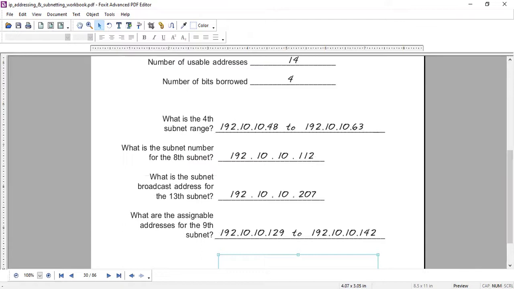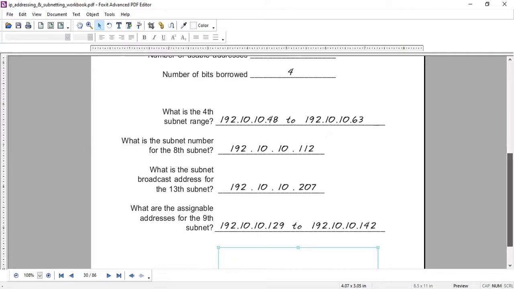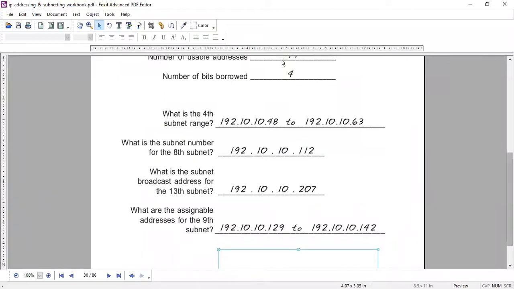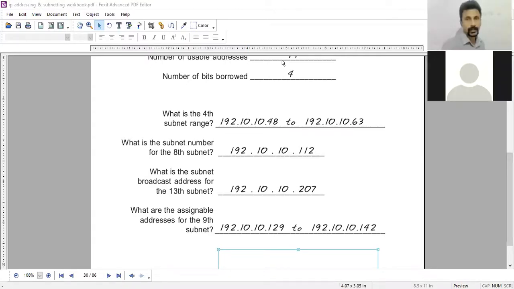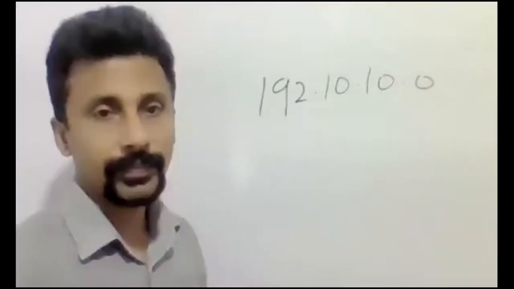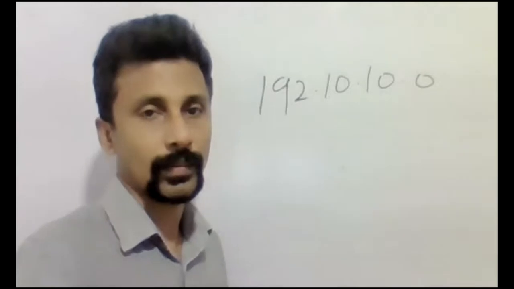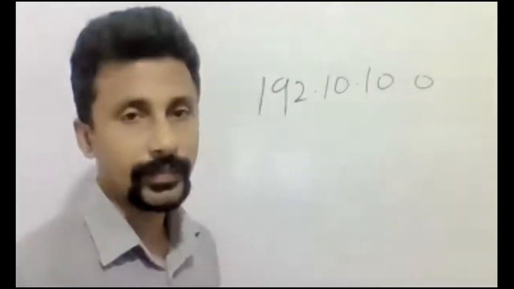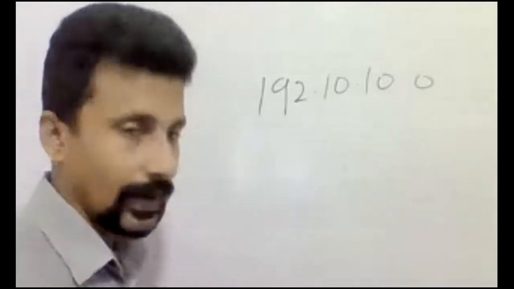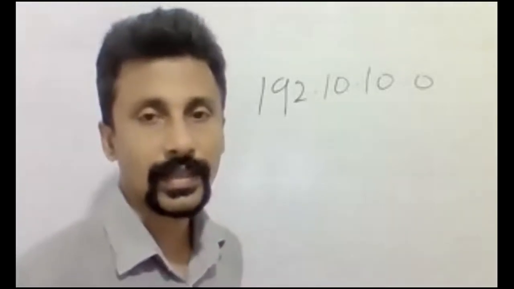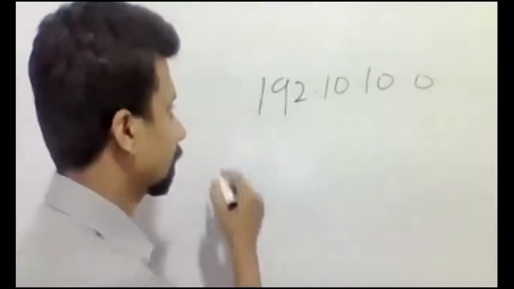We have taken 4 bits from the host part for subnetting. They are asking the ninth one, right? So this is our starting one, and if I write the last 4 bits which were taken for the subnets, I can write like this.